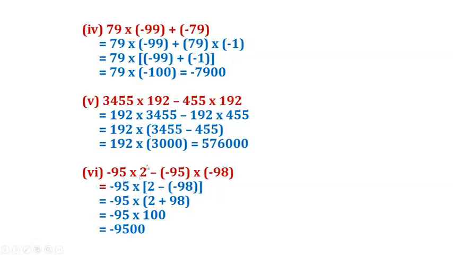Minus 95. b is 2 and c is minus 98. So minus 95 into 2 minus of minus 98, and we can write the subtraction as addition, which is 2 plus 98. So 2 plus 98 is 100. Multiplying minus 95 with 100, you will get minus 9,500.